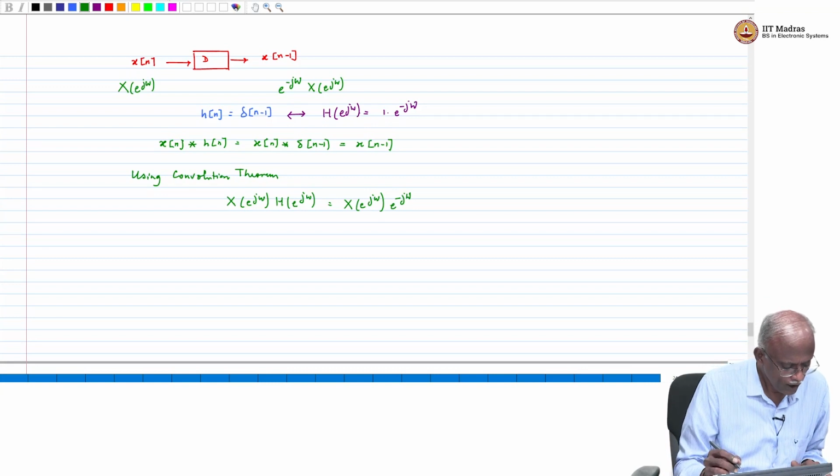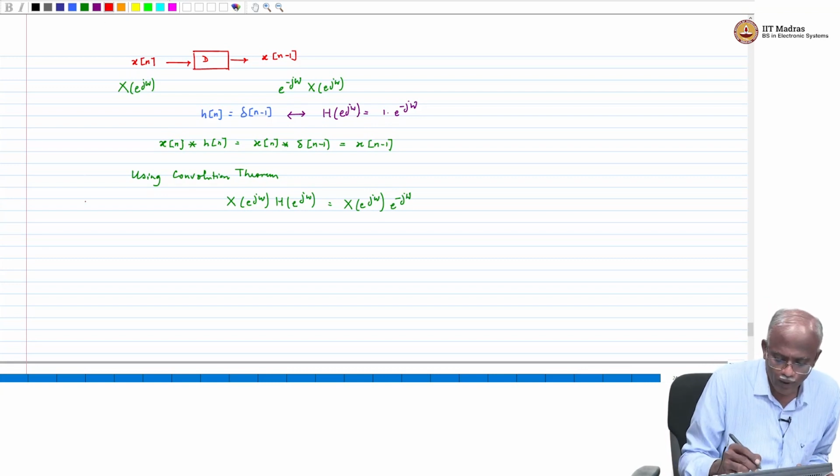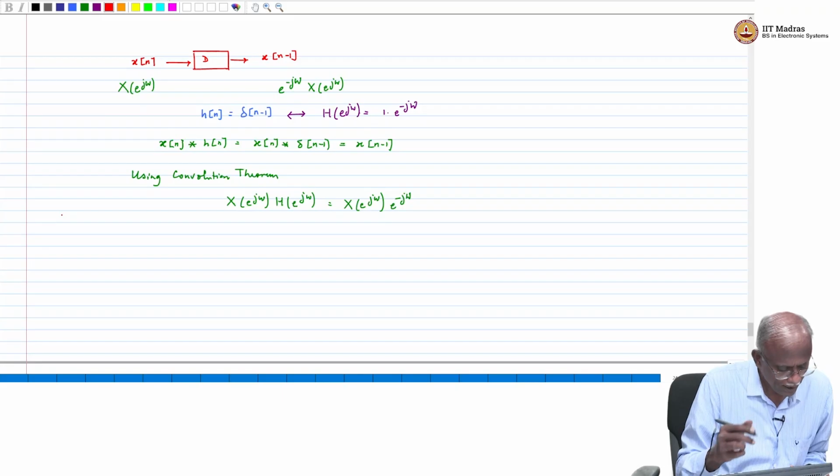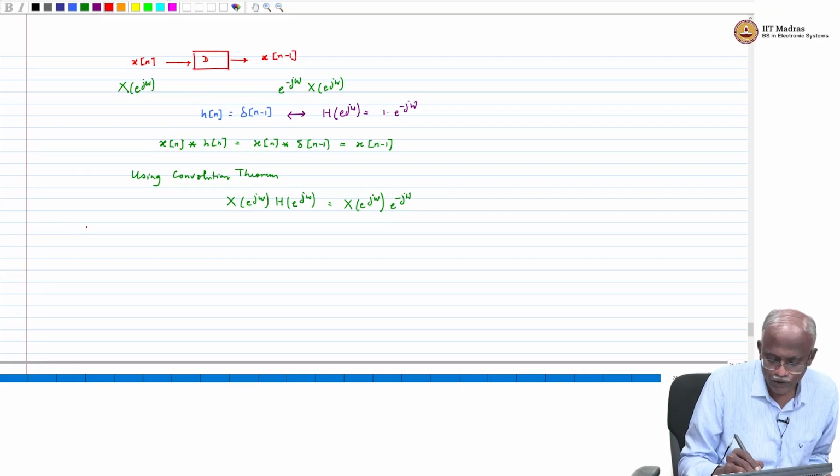Okay. So now let us look at one more way of verifying the convolution result. So the convolution theorem, this is proof number 2.